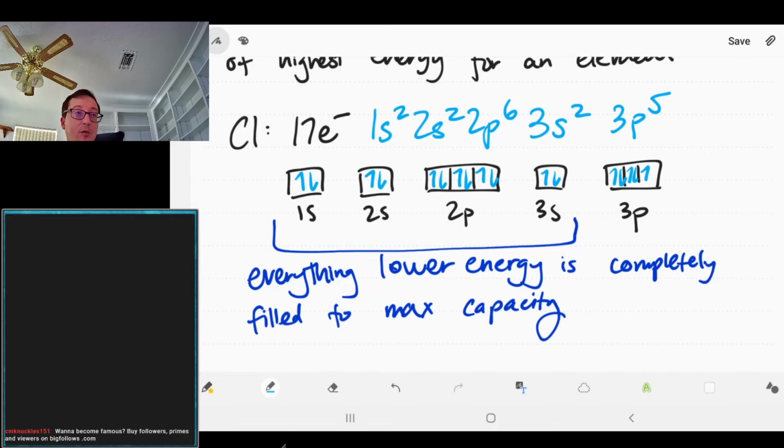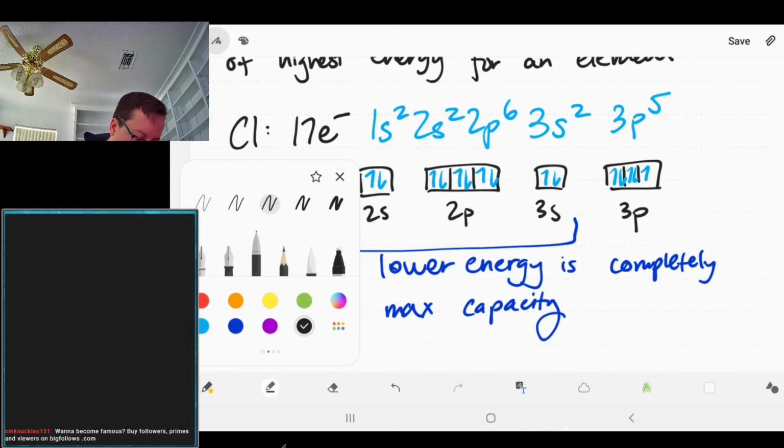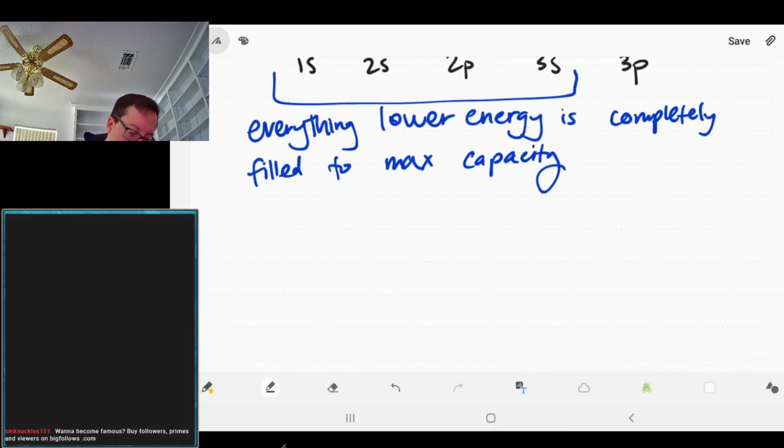So, if we can identify its highest electrons, everything else has to be completely filled before it. And we have nice ways of figuring that out as well. On the periodic table, I'm going to draw it again.